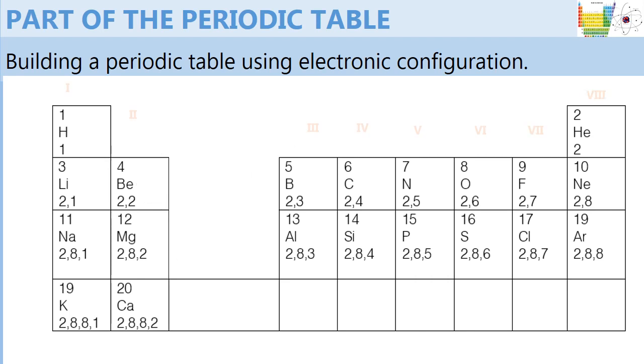The periodic table has got groups and periods. The groups are numbered from 1 to 8 in Roman numbers, while the periods are numbered from 1 going on in ordinary numbers. For the first 20 elements, we only reach period 4.